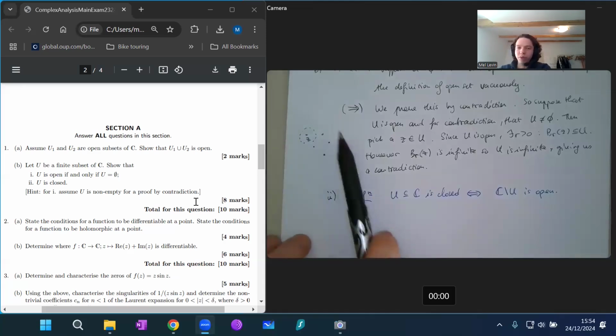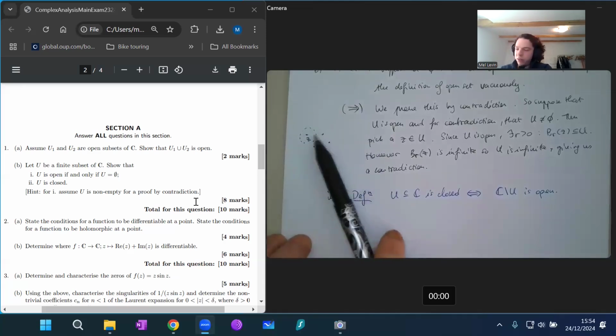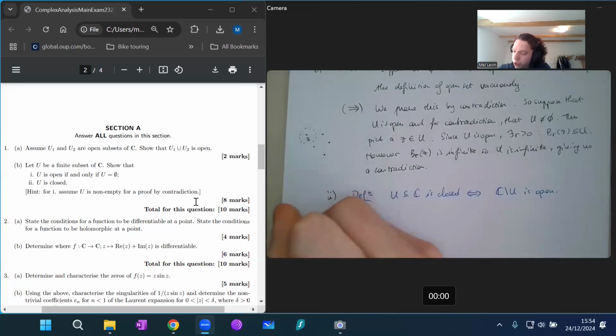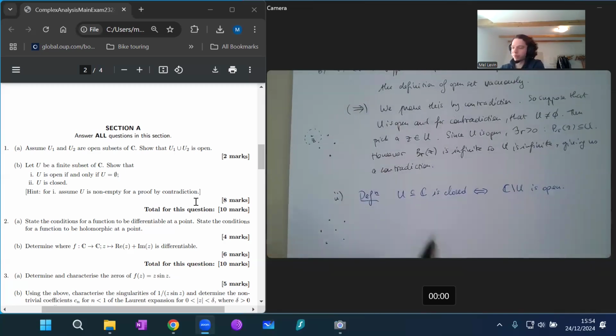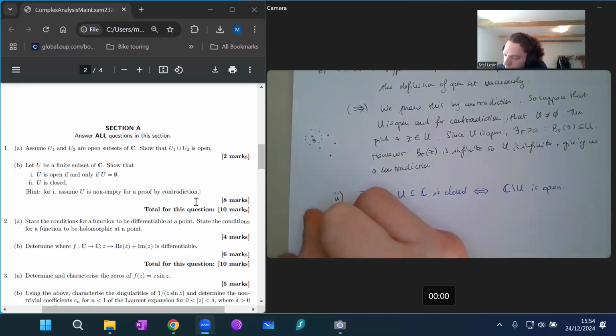I suppose this picture still helps. Maybe I'll draw one more picture. So we've got U, a finite set, and then we've got the complement, which is the white page. Let me use a blue just to differentiate.